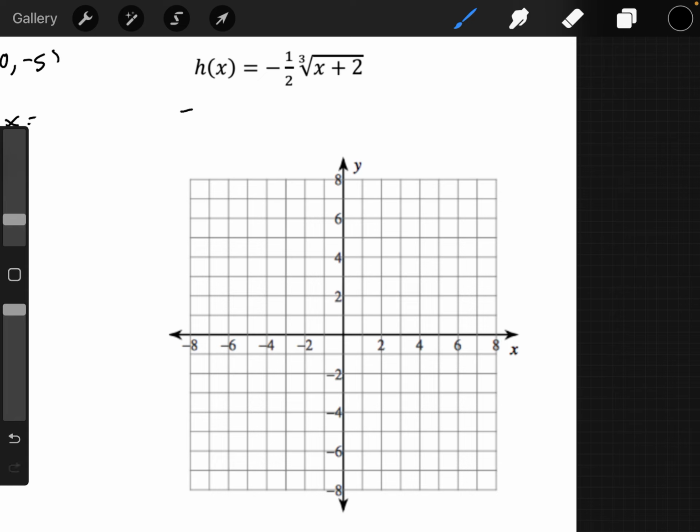Now for this one, we see that there's a negative sign here. When there's a negative sign in front of the a value, we know that there's a reflection. A is 1/2, so there's a compression of 1/2.